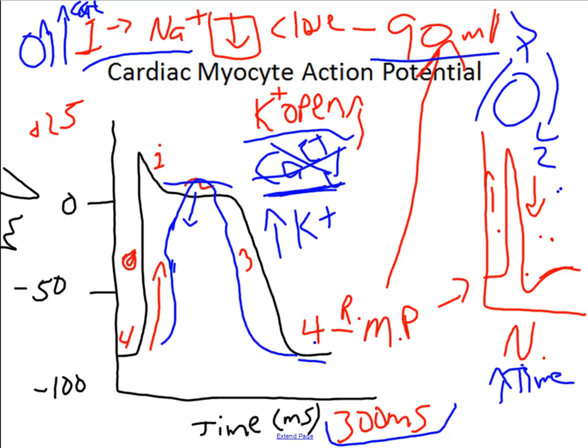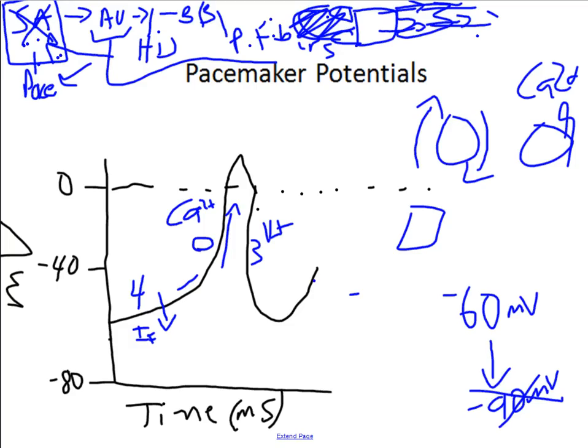And then when the calcium channels close, all we have is potassium moving out, phase 3, and we return back to our resting membrane potential in phase 4. And then when these autorhythmic cells depolarize again, this process is going to start all over again.